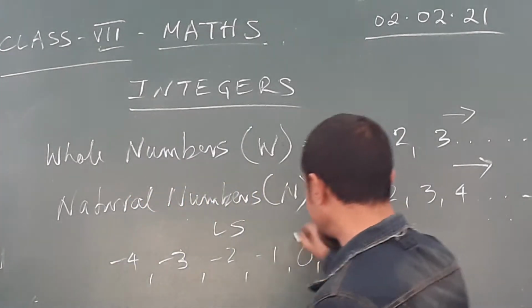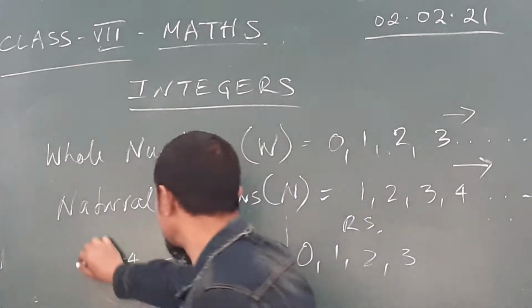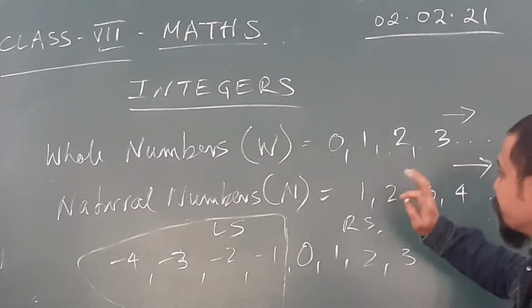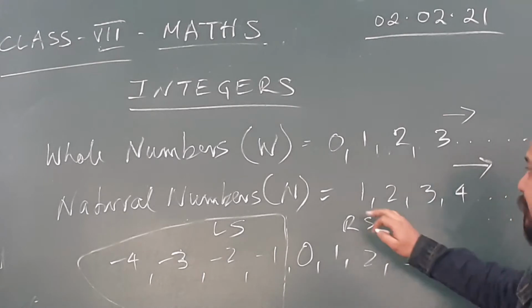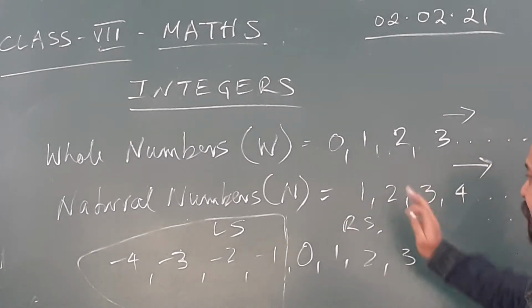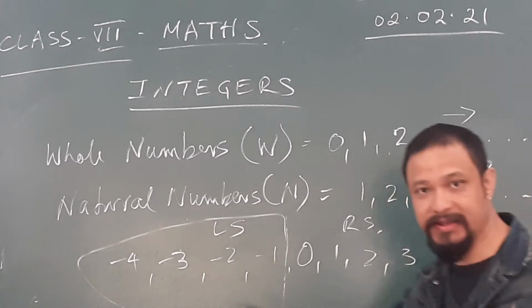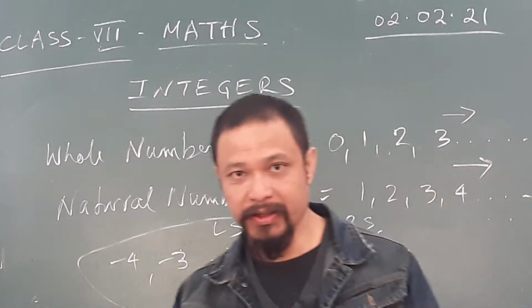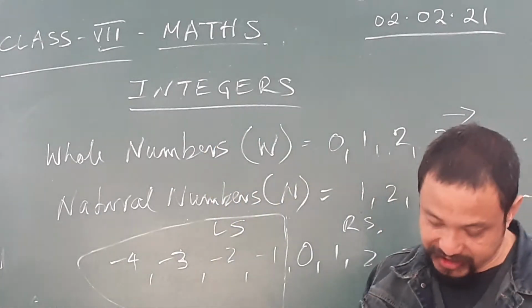So this area is being left out. This is what I was trying to tell you. When we were dealing with whole numbers only, addition was possible, it was closed, we were getting another whole number. But in subtraction, we were getting minus numbers. So how do we go about it? That's how the concept of integers came about.